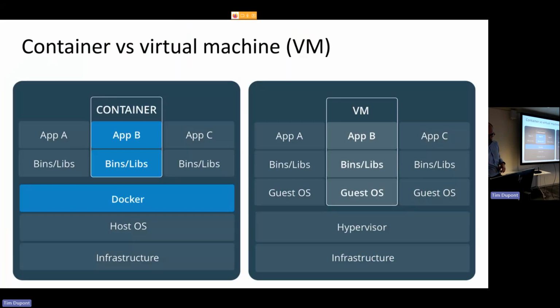A container is a small software block that you can use and then very easily move between computers. So if you compare to virtual machines, I presume everyone knows what a virtual machine is. You have your hardware computer. A virtual machine is just a piece of software that emulates a complete computer. So the CPU, the RAM, everything.